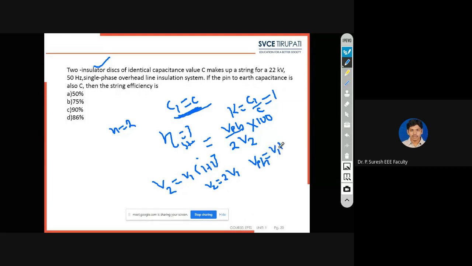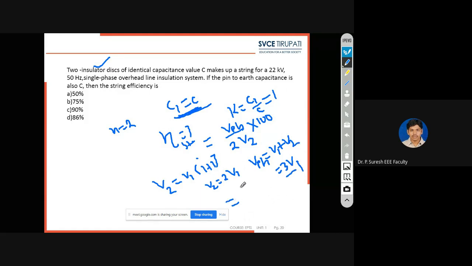Anyone tell me what is V phase? V phase is V1 plus V2. Yes or no? So I am substituting this V2 value here. We get V phase equal to V1 plus 2V1, which is 3V1.